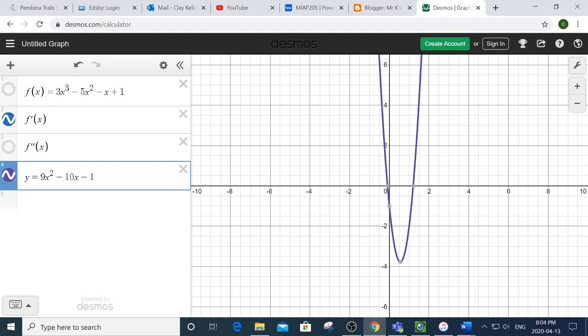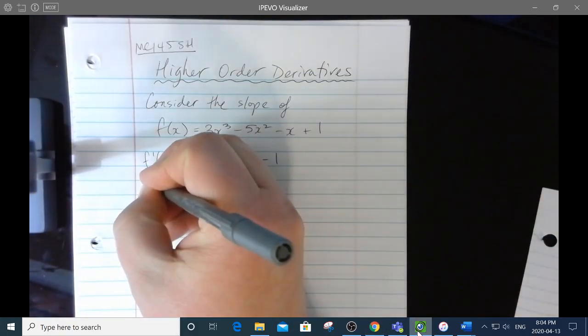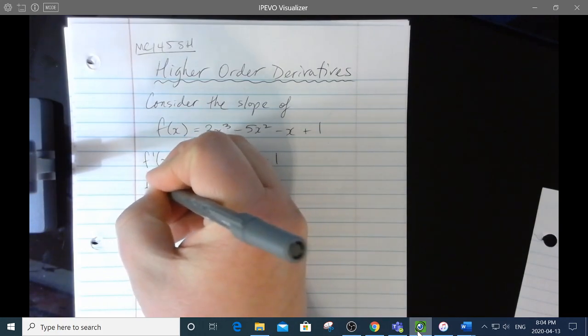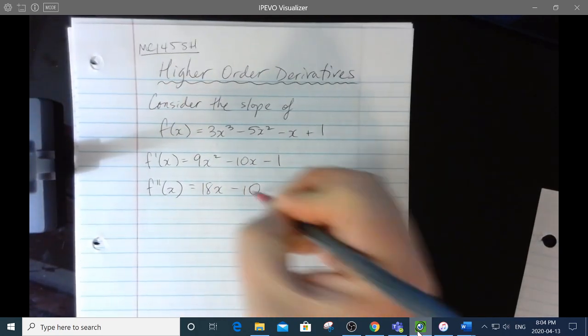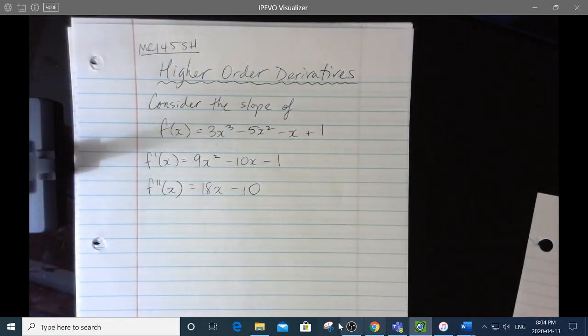Yep, it is. And then, going back to my page here, I think that the next derivative, the derivative of this derivative, should be 18x minus 10. And let's see if that's true.